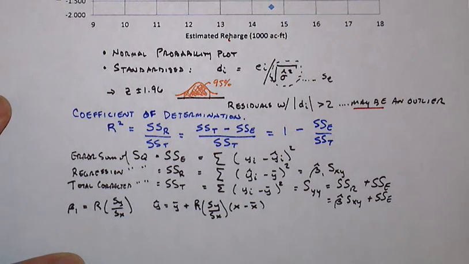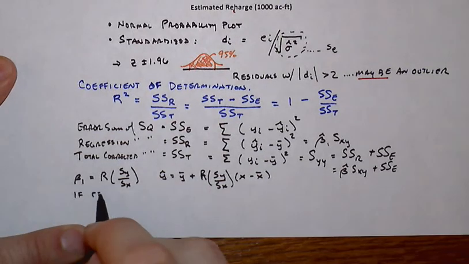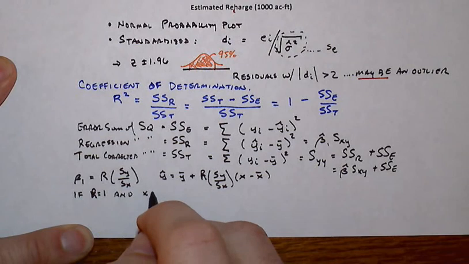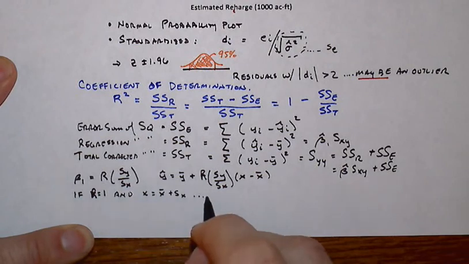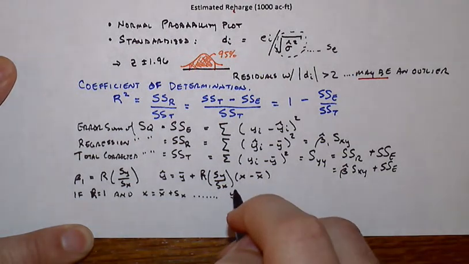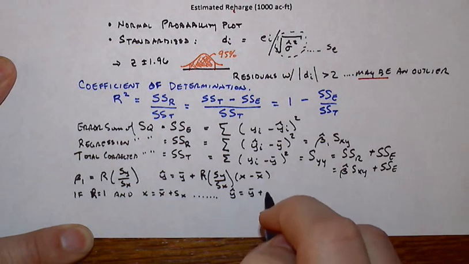So if our correlation is equal to 1, and we let x equal the sample mean plus 1 standard deviation, then we find that our predicted y value equals y bar plus s of y.